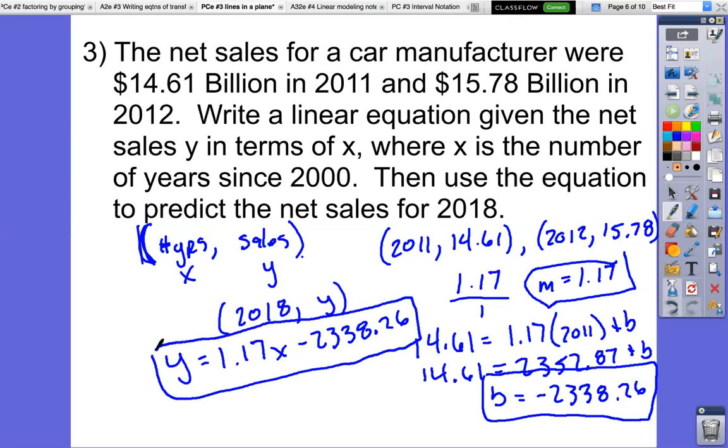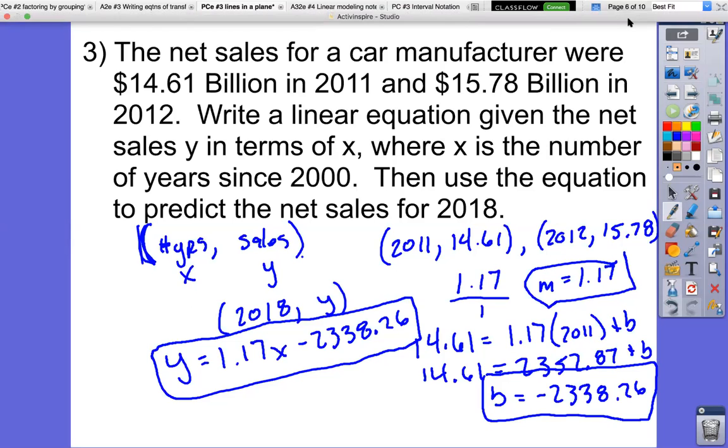Does anybody know why I really do not want to use that equation? It's fine, I can use it, but why do I not want to use that equation? Anybody have any idea? No one?